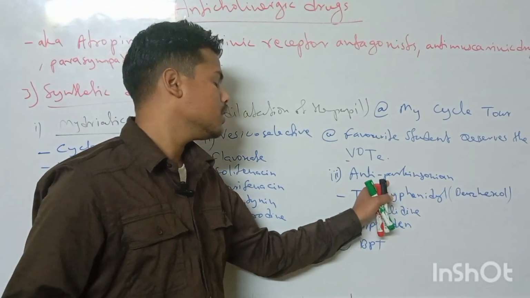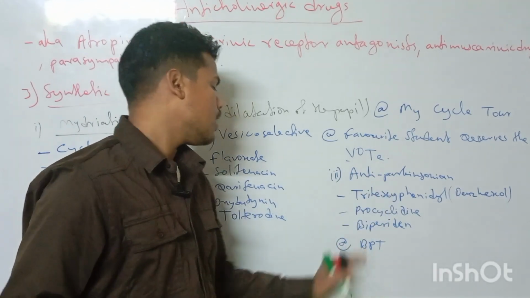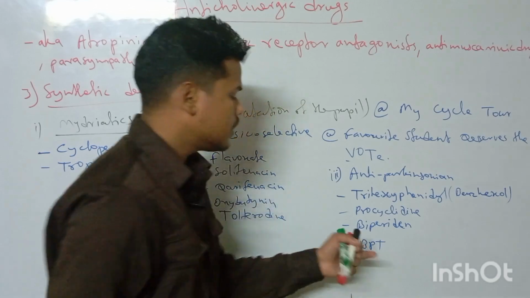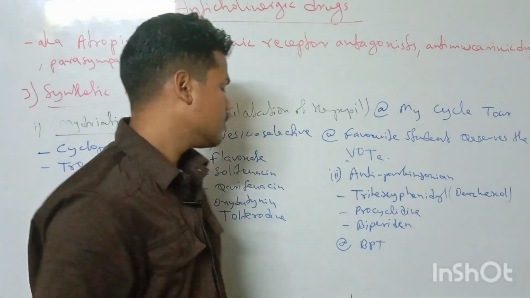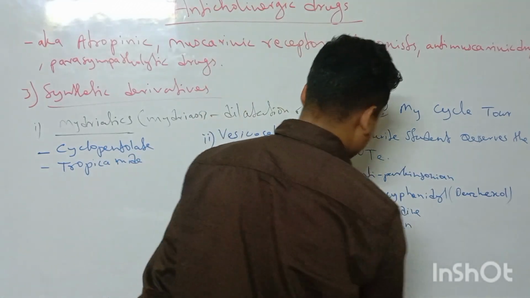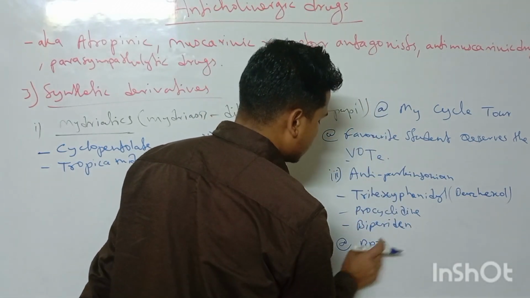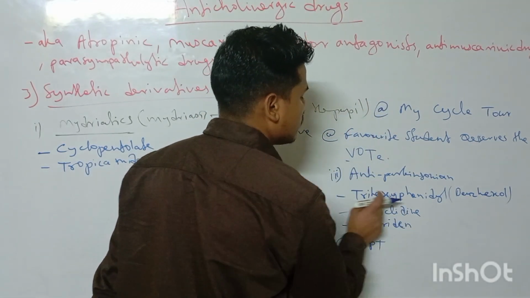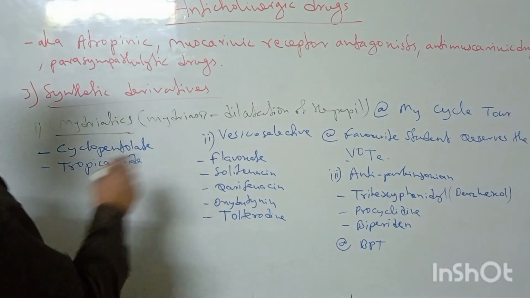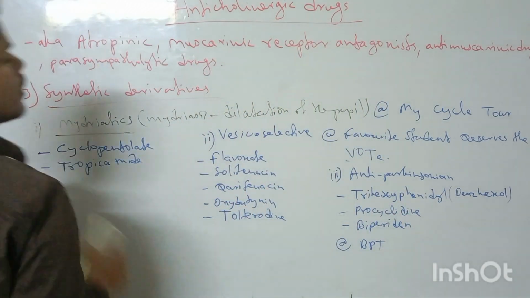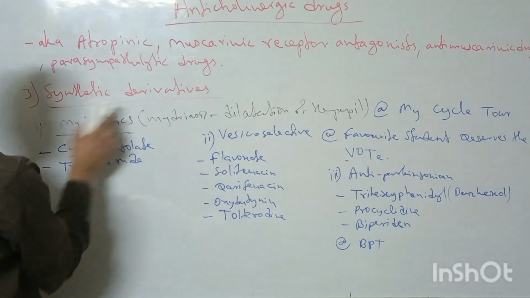Anti-Parkinsonians here also is P. So here BPT does not stand for Bachelor in Physiotherapy, but rather it will stand for B biperiden, P procyclidine, T trihexyphenidyl. And there is one more category in synthetic derivatives.